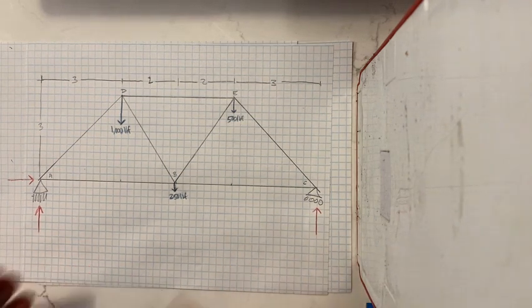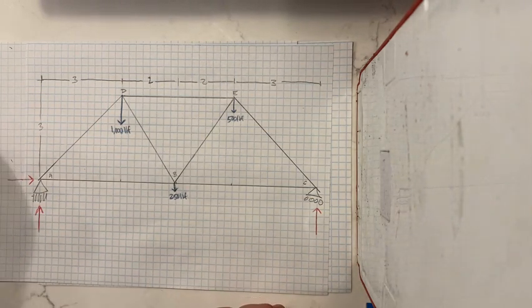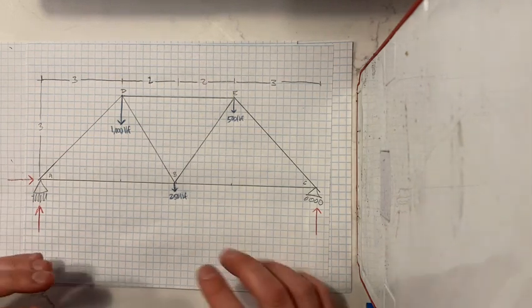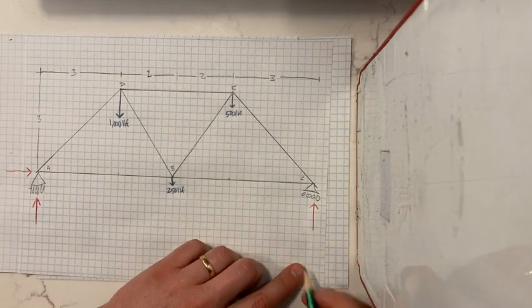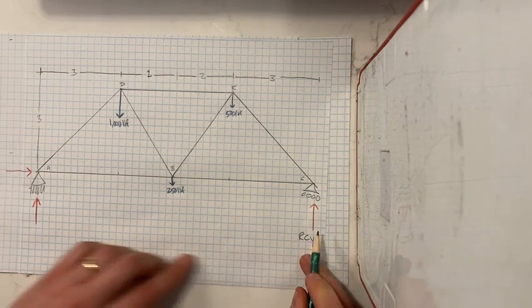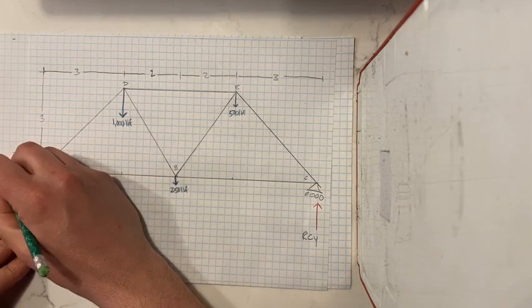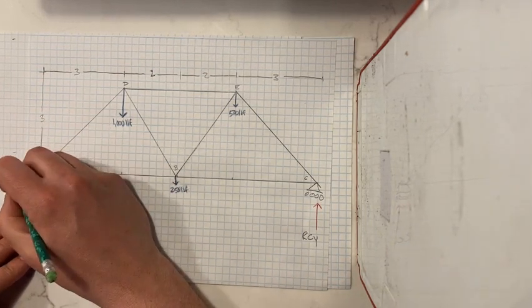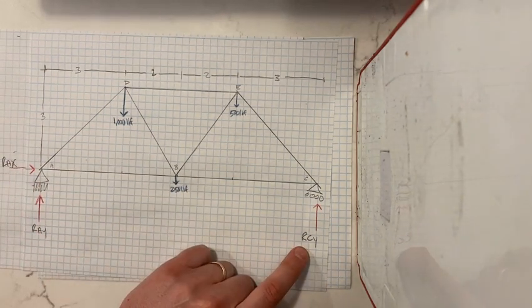All right, and so now we need to use our equilibrium equations to try to solve for some of these missing forces. I'm going to label these. This is going to be the reaction of C in the Y direction. This is going to be the reaction of A in the Y direction, and this is going to be the reaction of A in the X direction. So RAX, RAY, and RCY.